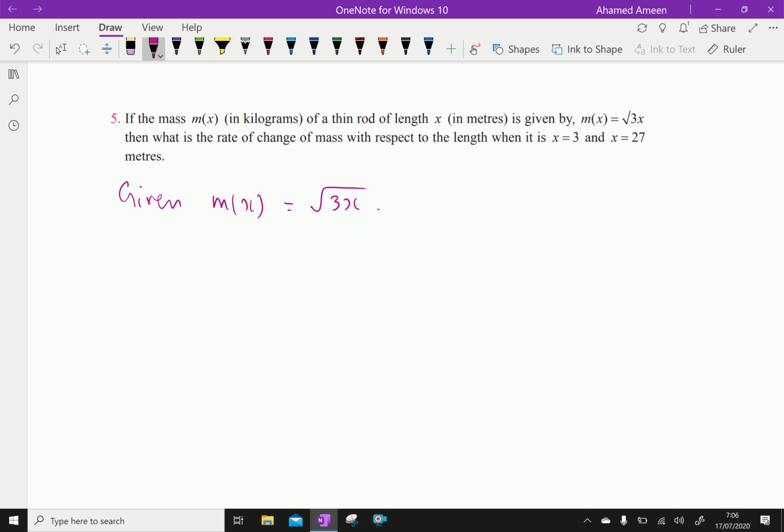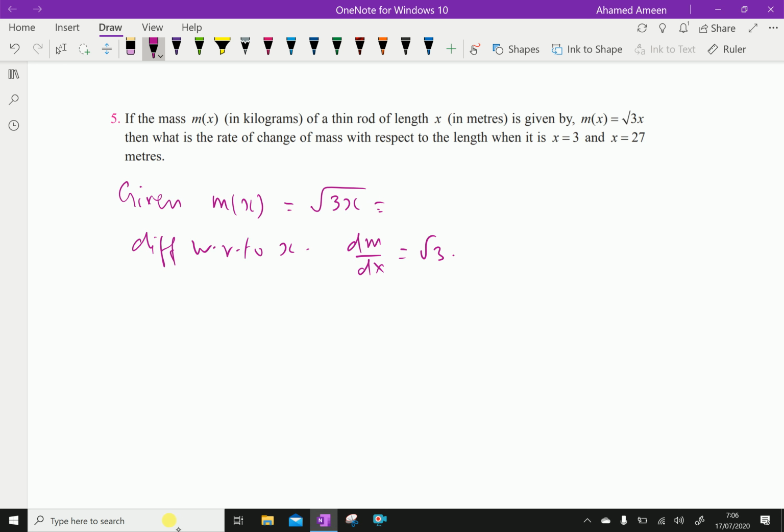Now differentiating with respect to x, that is dm by dx equals root 3 x power half.